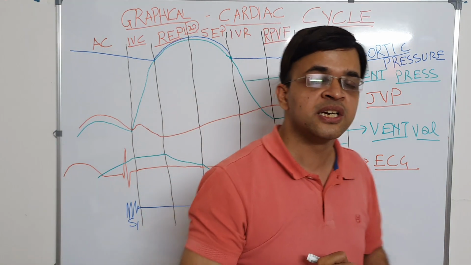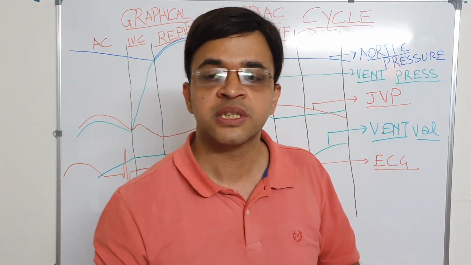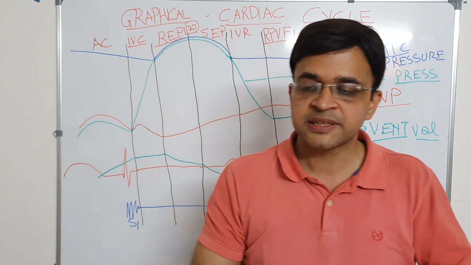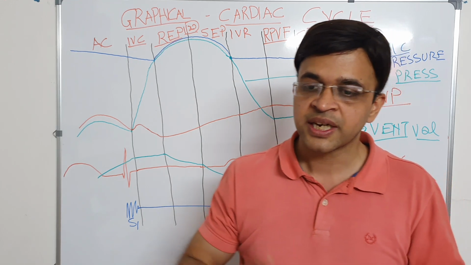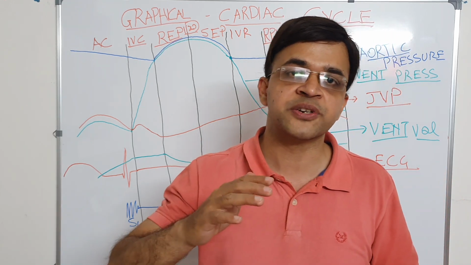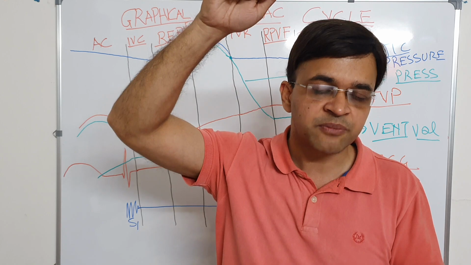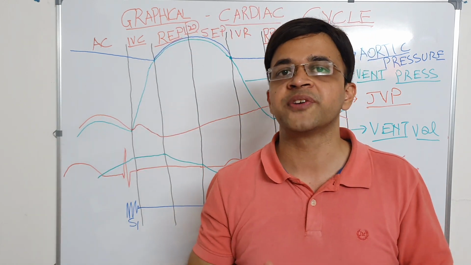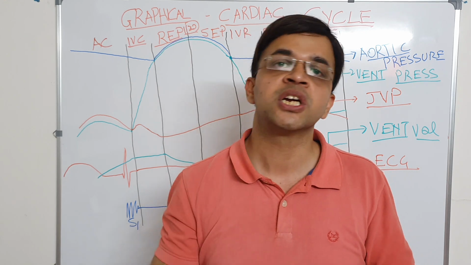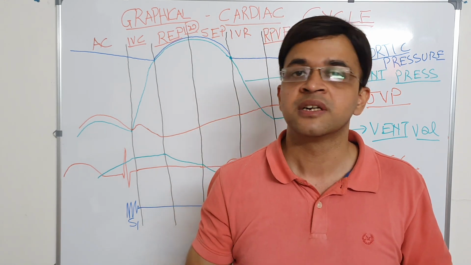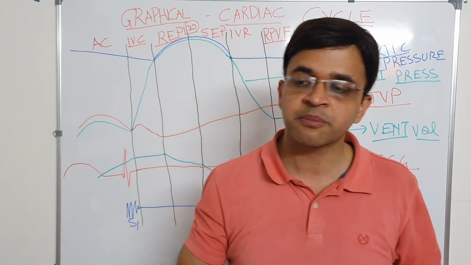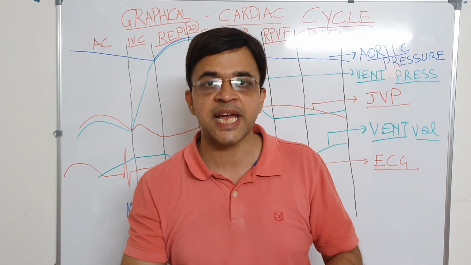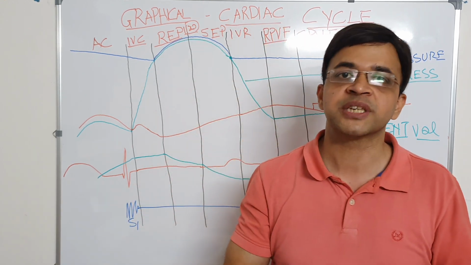There is also something called the third heart sound. The third heart sound occurs during the stage of rapid passive ventricular filling, when blood rushes suddenly from the atria into the ventricle without atrial contraction. The peculiar thing about the third heart sound is that it can be physiological or pathological.